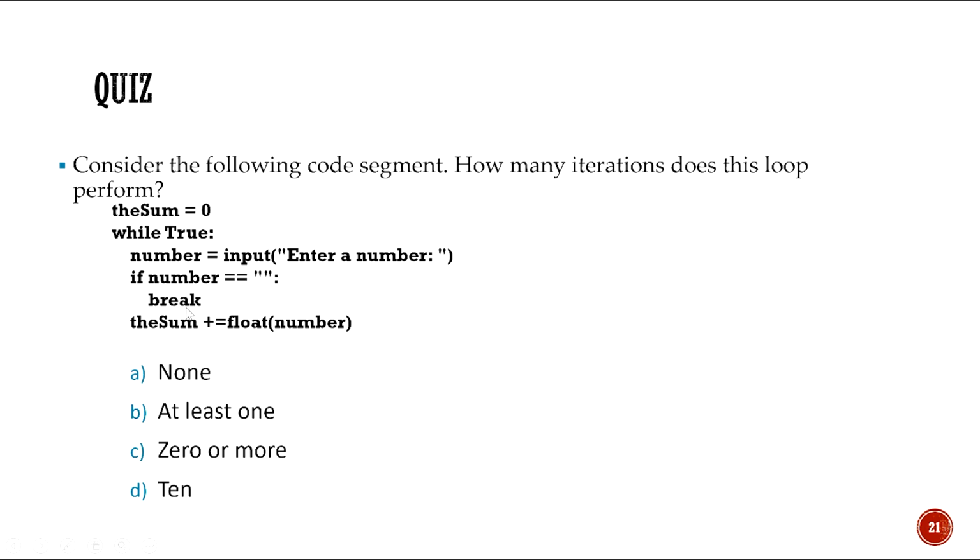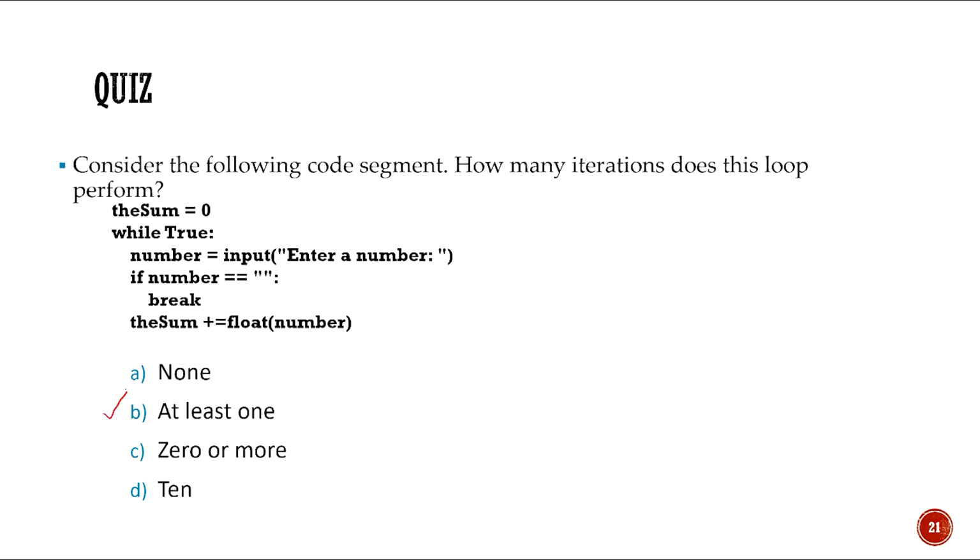So in this case, there is just one iteration. And now if the user keeps entering a number, then it calculates that number and then asks the user to enter another number, and it keeps going until the user enters nothing, and then we have the break statement. So the right answer here is at least one.